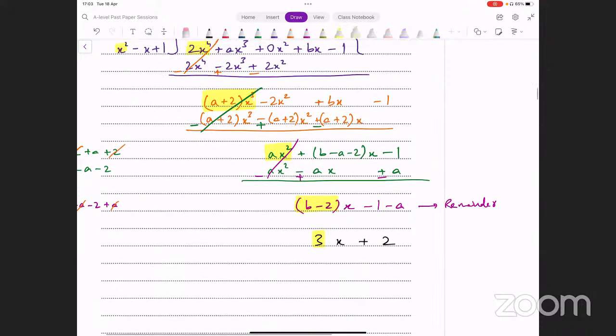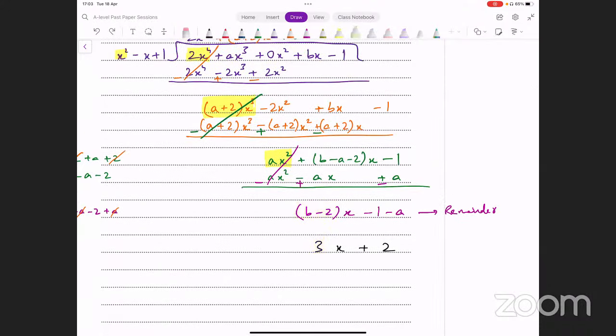In place of their 2, the constant term, we are getting minus 1 minus a. This is what we are getting for the constant term. Now just compare the two.